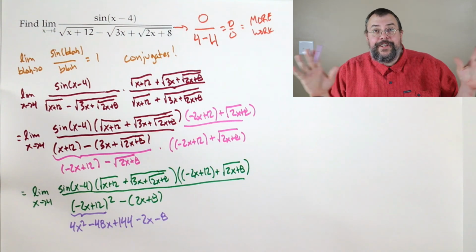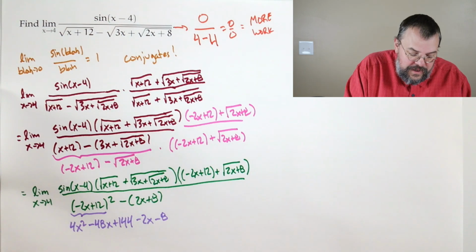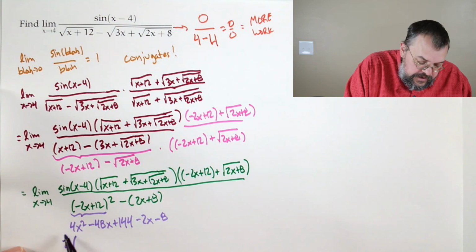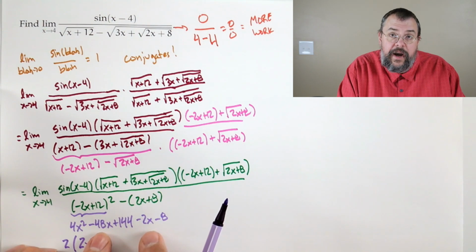Well, first thing, everything has an even number in front of it. So let's go ahead and factor out a 2. So it'll be 2 times, there's only a single x squared. So when I factor the 2 out, that'll leave me with 2x squared. Minus 48x minus 2x is minus 50x.